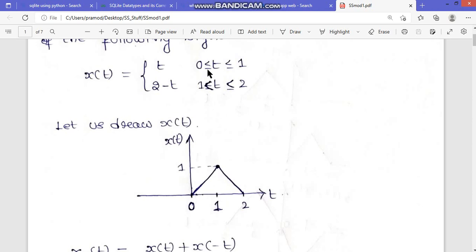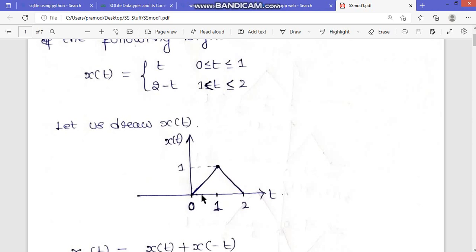Whatever the value of t, your x of t is also the same. Are you getting? If t is 1 your x of t is also 1, so this is the point, right? If your t is 0.5 your x of t is 0.5. Since it is continuous, it can take many values in between, right?